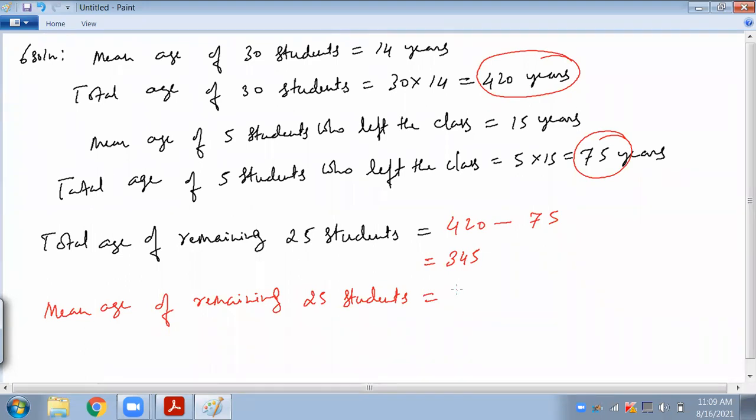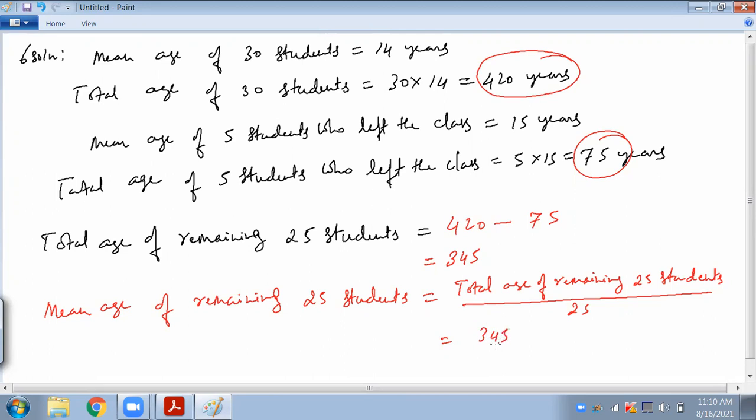So the total age of the remaining 25 students, 345, divided by 25.